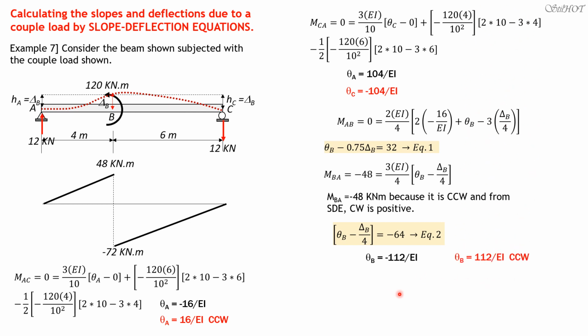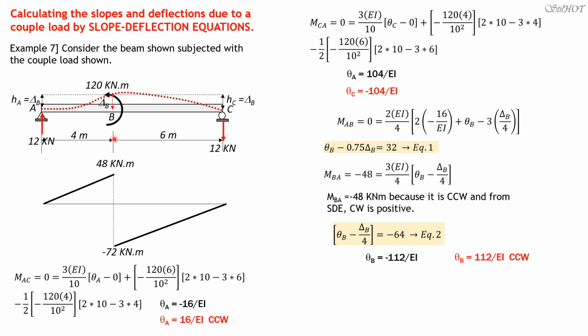And delta B is negative 192 over EI. Because it is negative, it means the rotation is not really clockwise, it's the opposite way. So the final position of B should be above the horizontal B here, above the x-axis, because the result of delta B is negative.